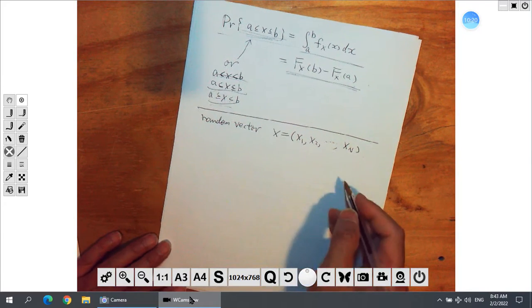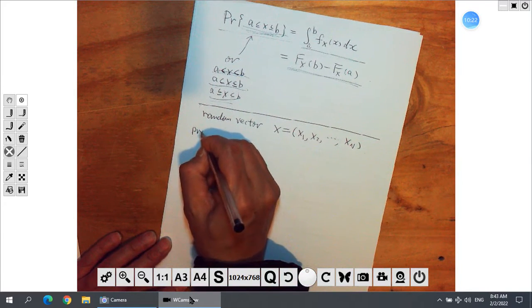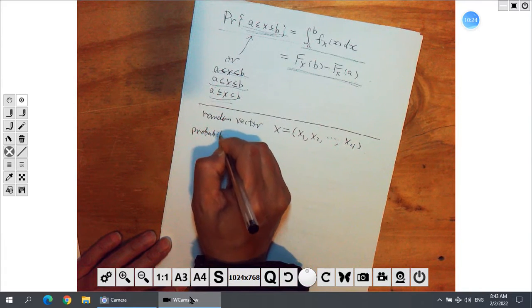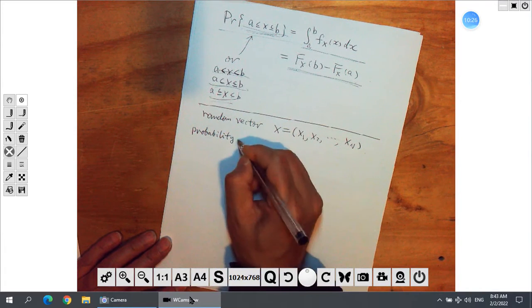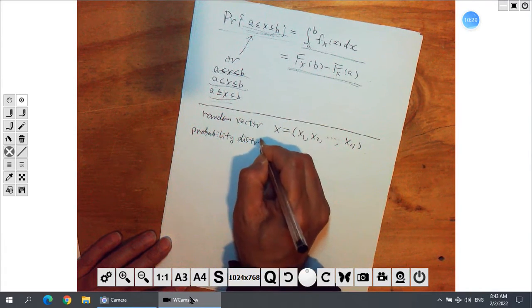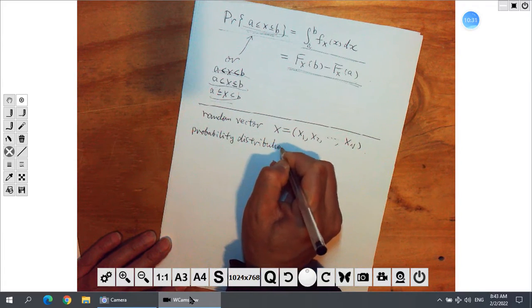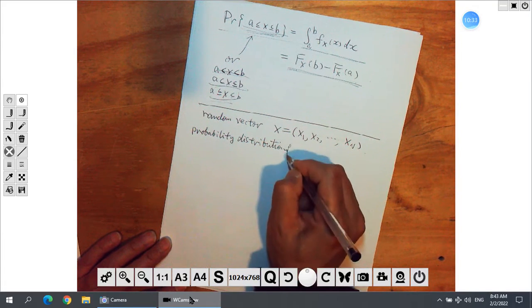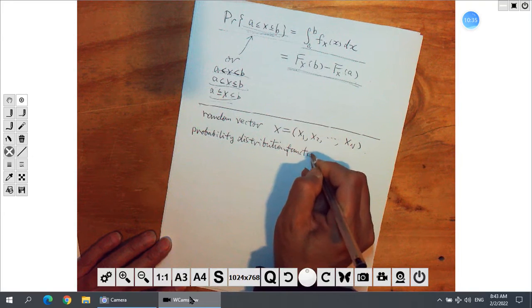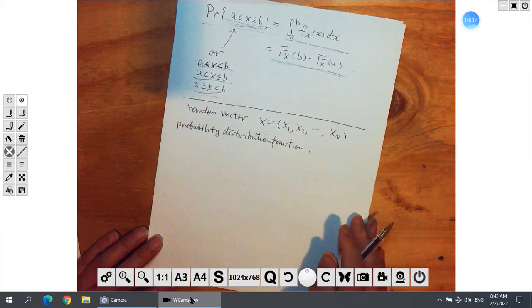Then we also have the probability distribution function.